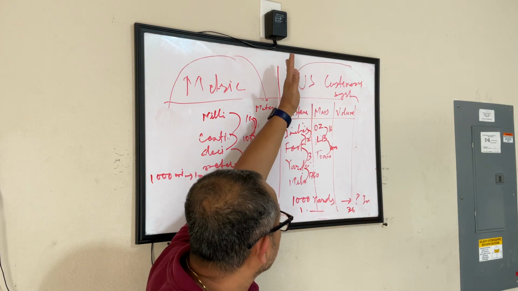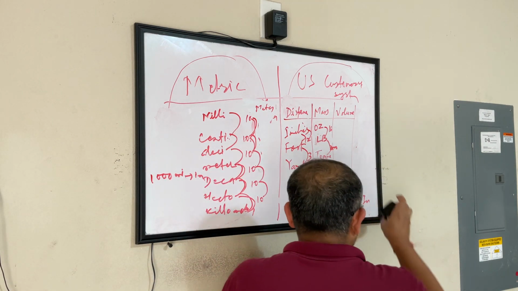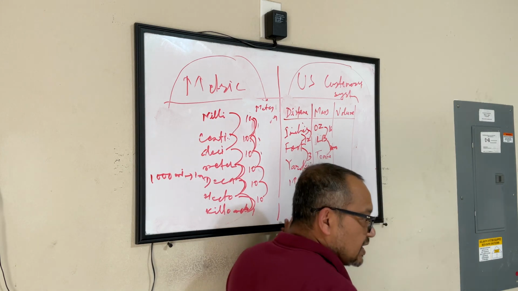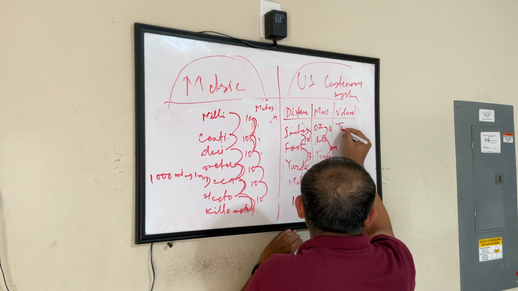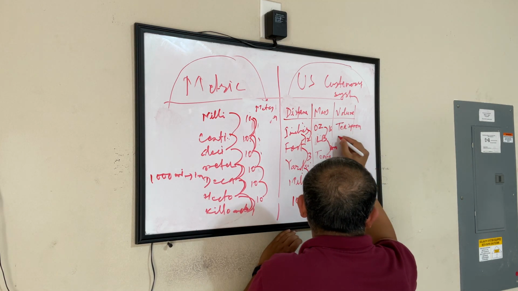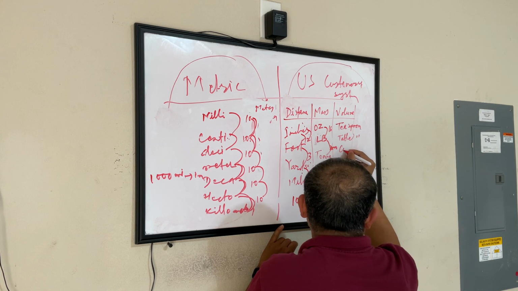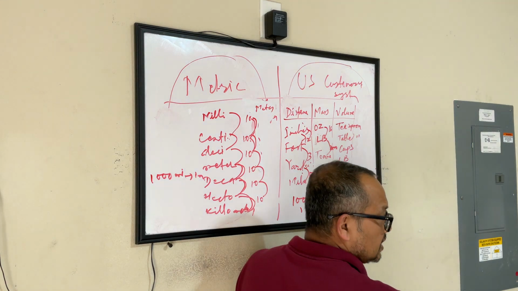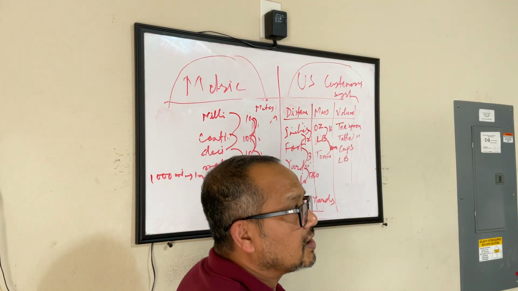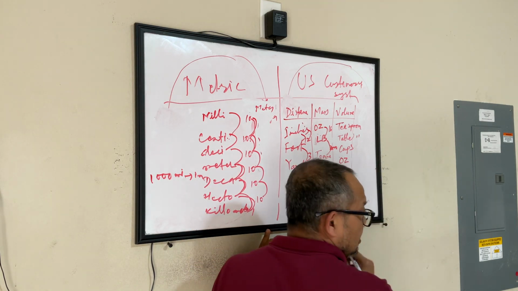So this was on the distance and the mass part. Now let's look at the volume side of it. When I say volume, I'm talking about liquid volume. So here it starts with teaspoon, then you have tablespoon, then cups.